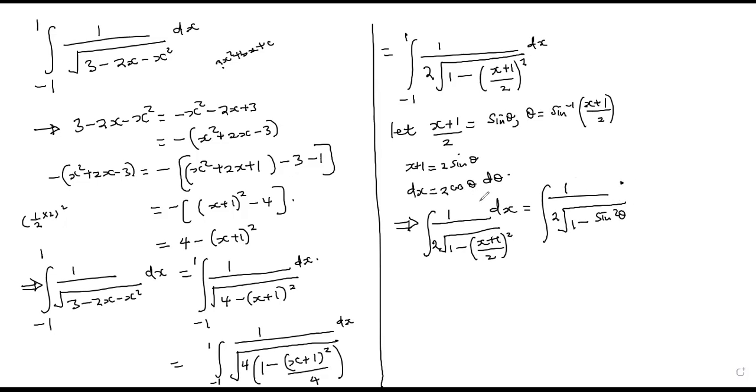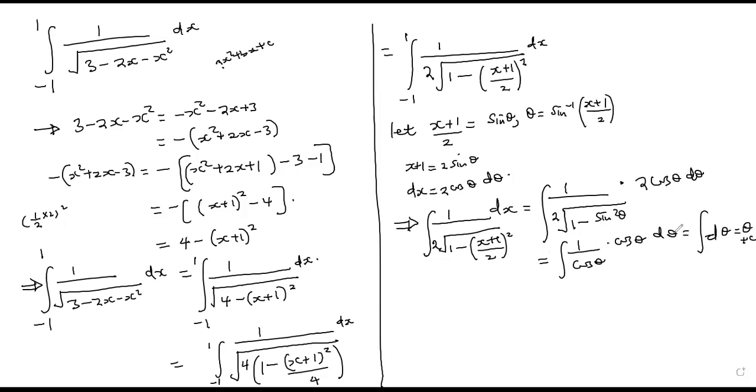Then our dx will be 2 cos theta d theta. So a 2 will cancel with a 2, and this becomes the integral of 1 over root of 1 minus sine squared theta, which is cos squared theta, under root is cos theta, times cos theta d theta, which is the integral of d theta, which is the same as theta plus a constant of integration.